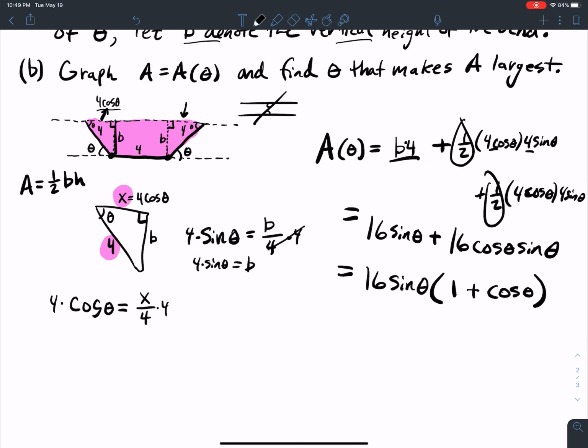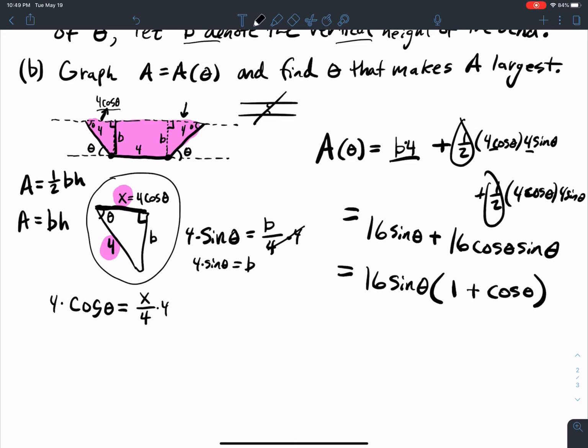So the trick here is using trigonometry, those trig functions, to get that side length that we did not know. And then I use my area formulas and I add the three separate pieces together. The area for the middle is base times height.